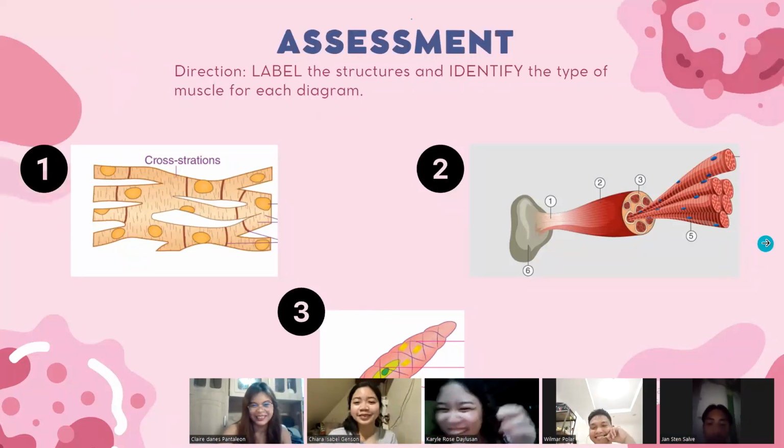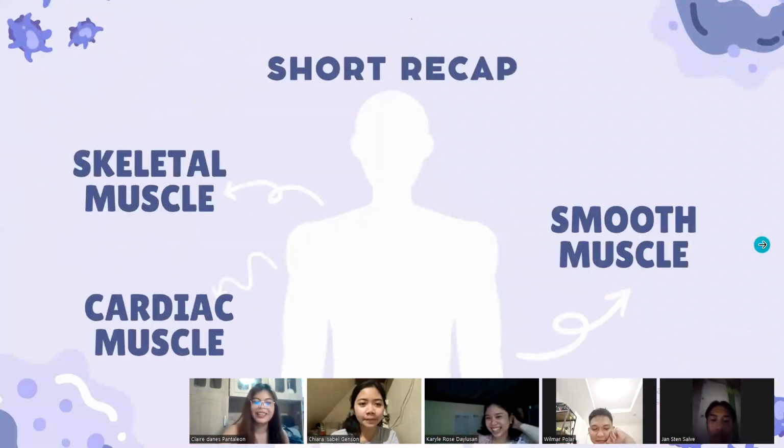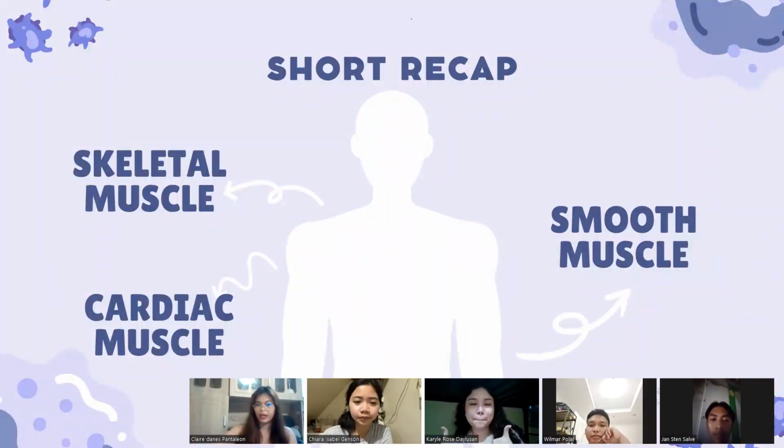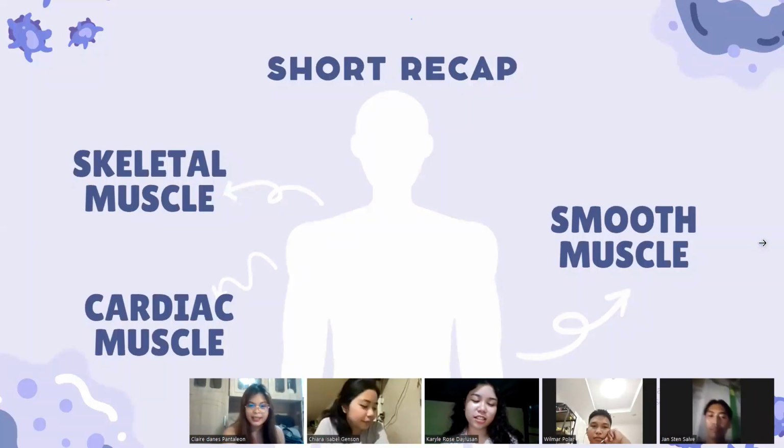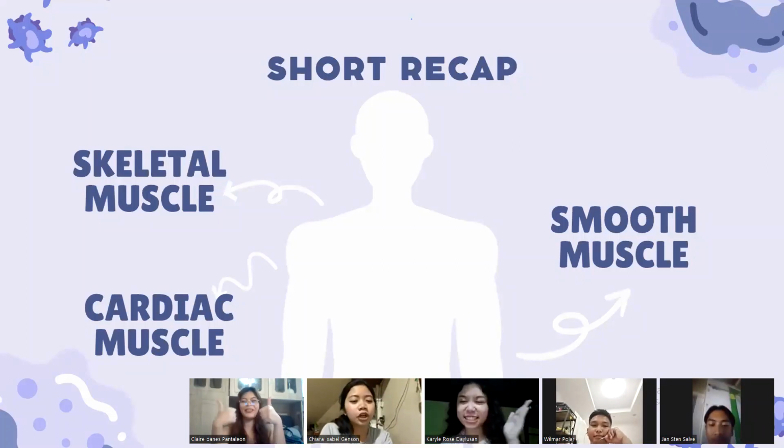Okay, let's move on to the next page. This is just a short recap. A skeletal muscle again, it is voluntary. True or false? The skeletal muscle can perform peristalsis. False. Very good. True or false?